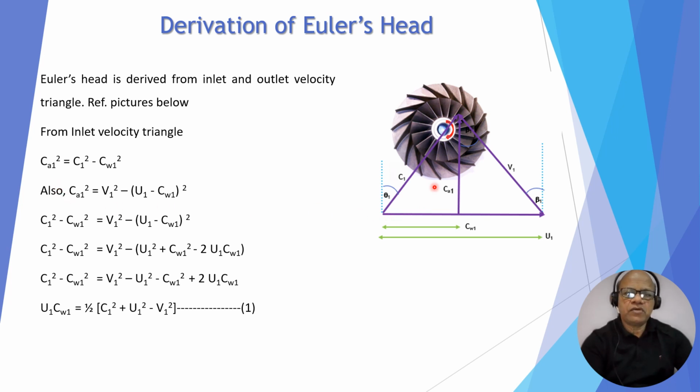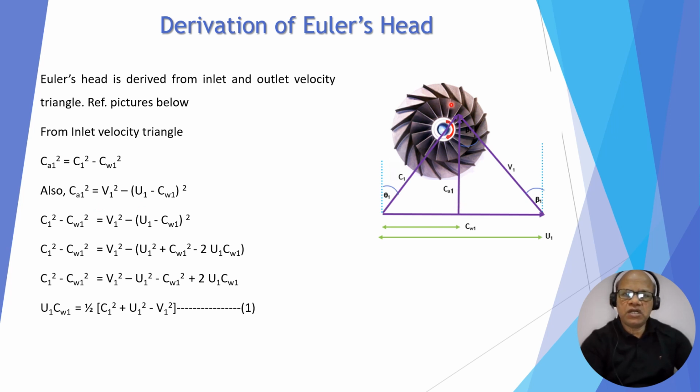Now from this triangle it is very clear that CA1 squared is equal to C1 squared minus CW1 squared. This is clear.